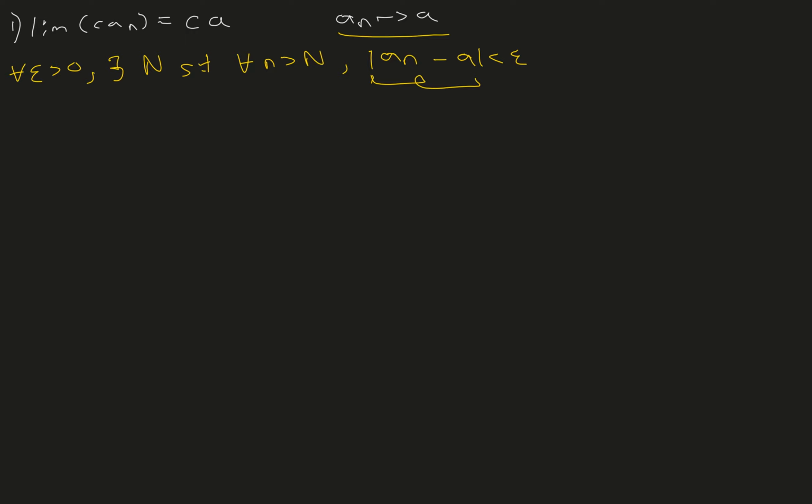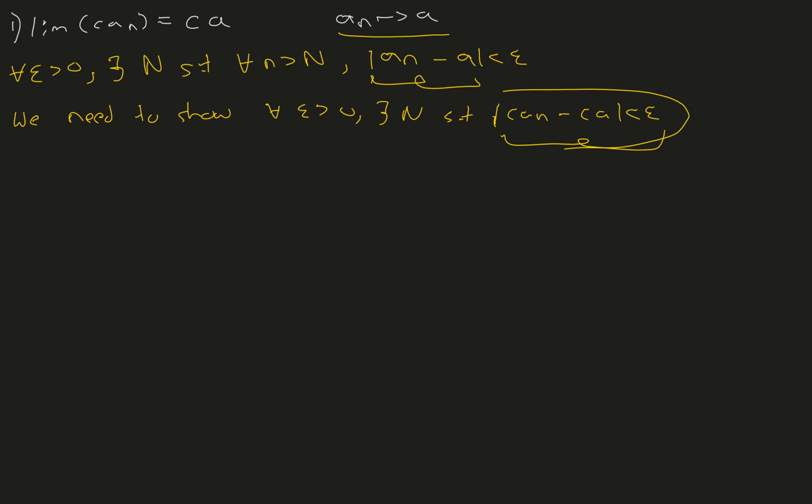But before that, we need to show that for all epsilon greater than 0, there exists an n such that the modulus of can minus ca is less than epsilon. That's what we need to show. We need to end up with this somehow. So can minus ca can be written as c times an minus a.